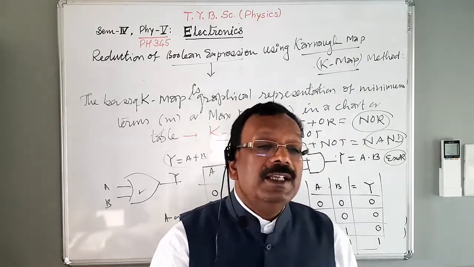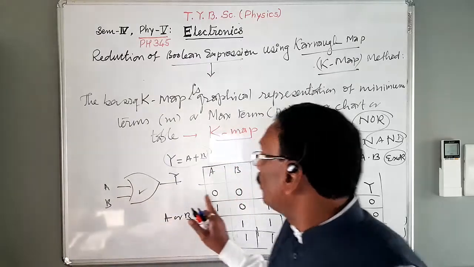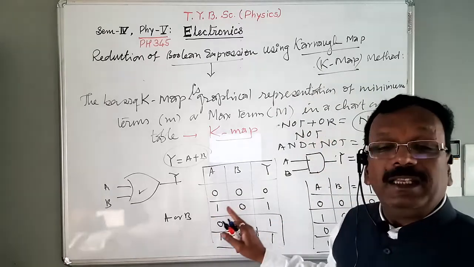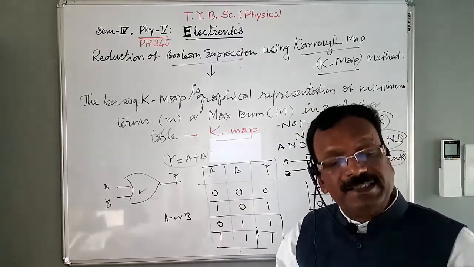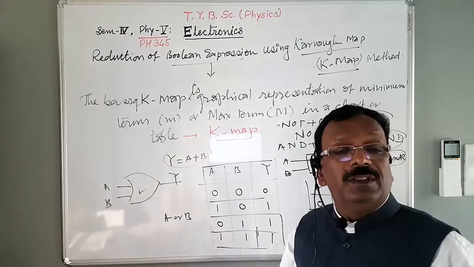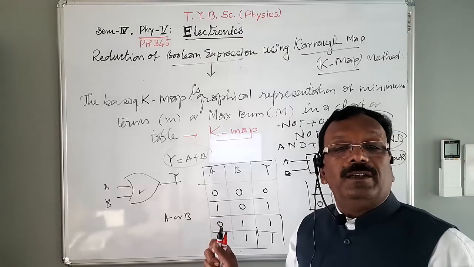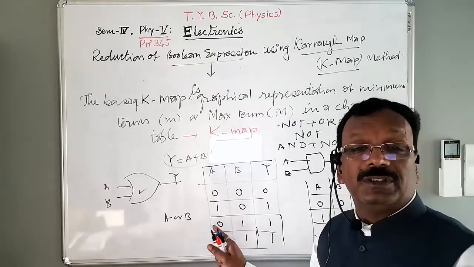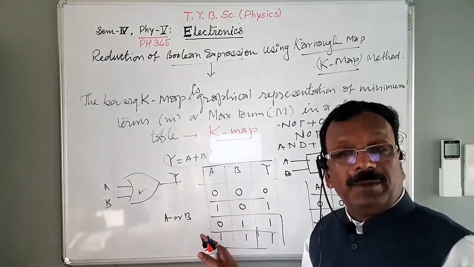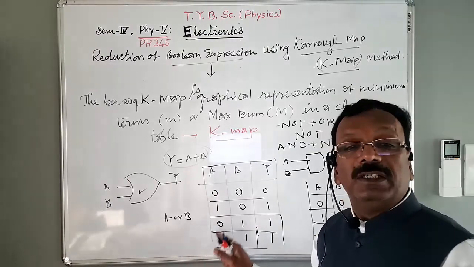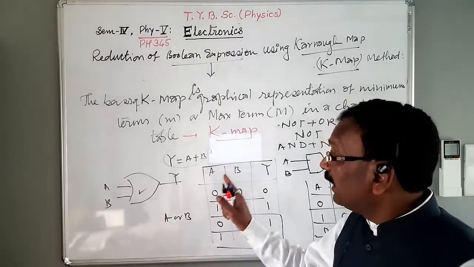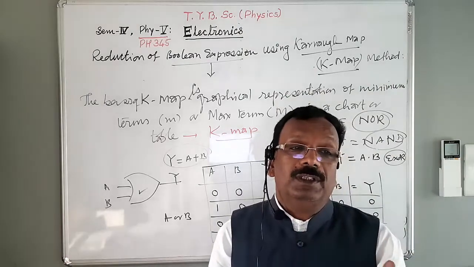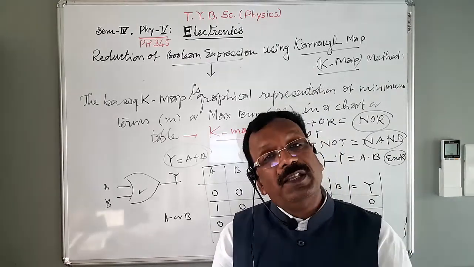Second thing, the K-map is similar to the truth table, because it contains all the possible values of input variables and the resulting output for each value.